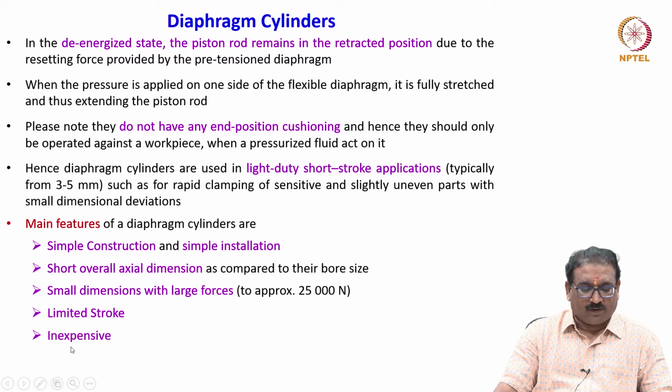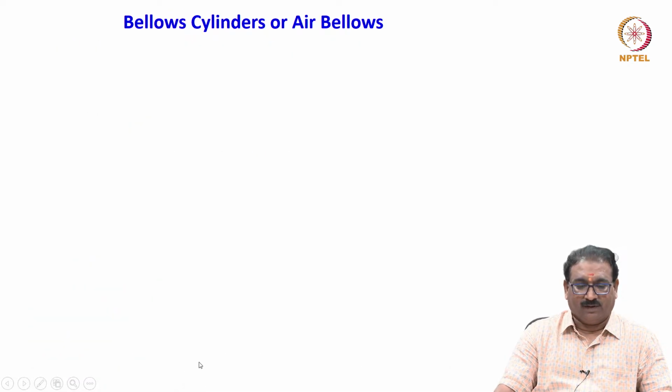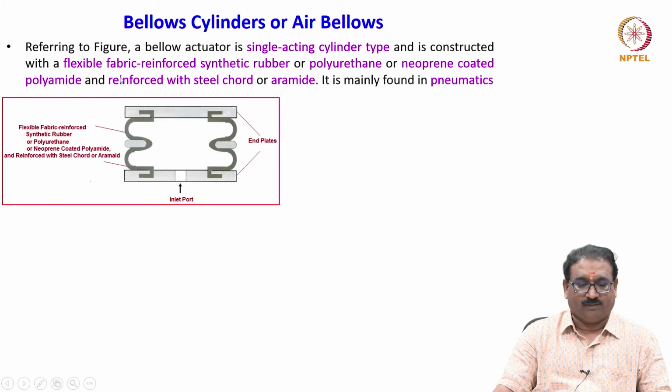Limited stroke, inexpensive. Application areas: used mainly for clamping, bending, punching, ejecting, embossing and lifting. Now, we will see one more type, the bellows cylinder, also known as air bellows.